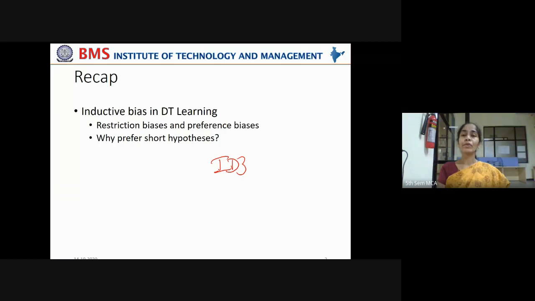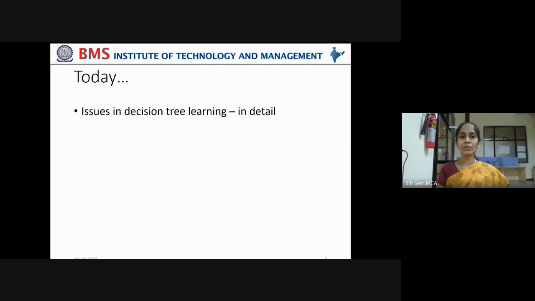But if you have a large number of long hypotheses, the chances of coincidence may be more, which may not generalize to the unseen data properly and may not make accurate predictions. That is why Occam's razor always says go for shorter hypotheses, go for simple solutions compared to larger solutions, right? So these topics are very clear to you now.